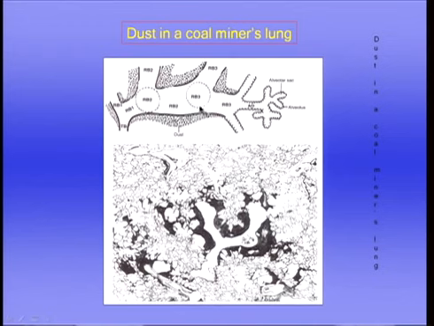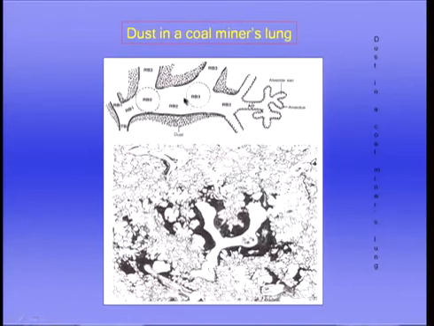And the reason for this, as I said before, is that the coal dust is sufficiently massive that it can't diffuse peripherally here, and so it deposits in this region. And that's very important because we believe that in bronchitis, inflammation of the airways, the first changes take place in these small airways here, and this is because of the deposition of the pollutants.